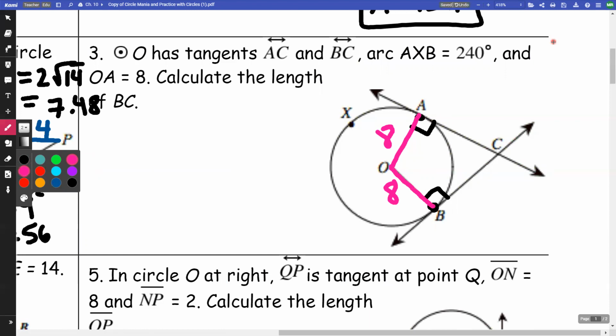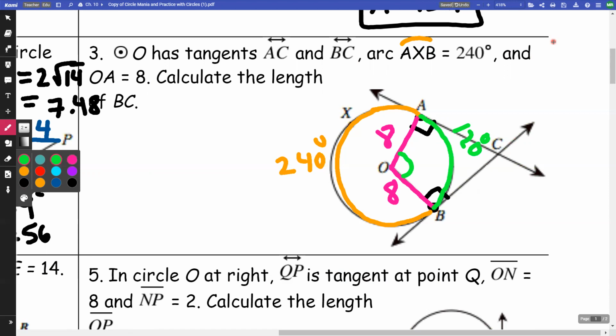I know that arc AXB is 240 degrees, which means that this opposite side here is going to be the rest of 360, which is going to be 120 degrees, which means that central angle here is also 120 degrees.